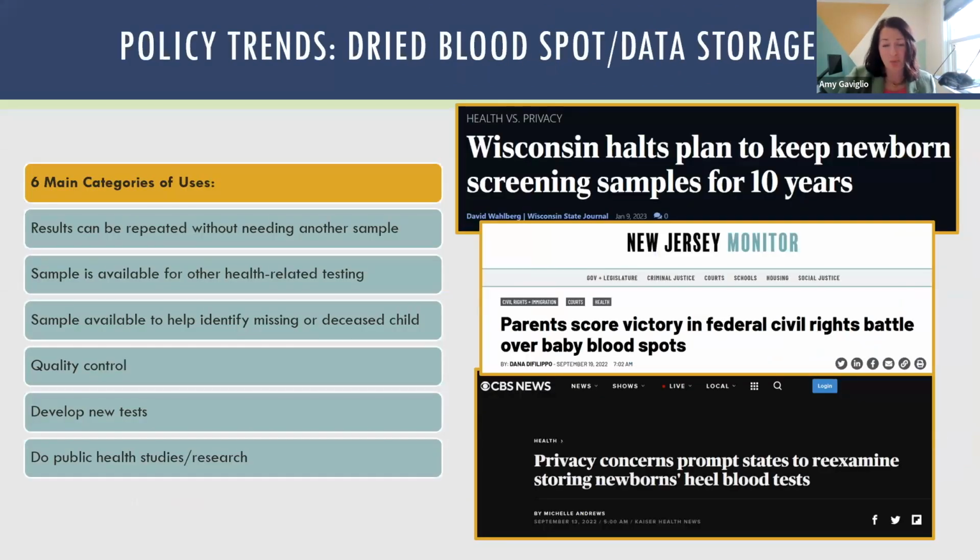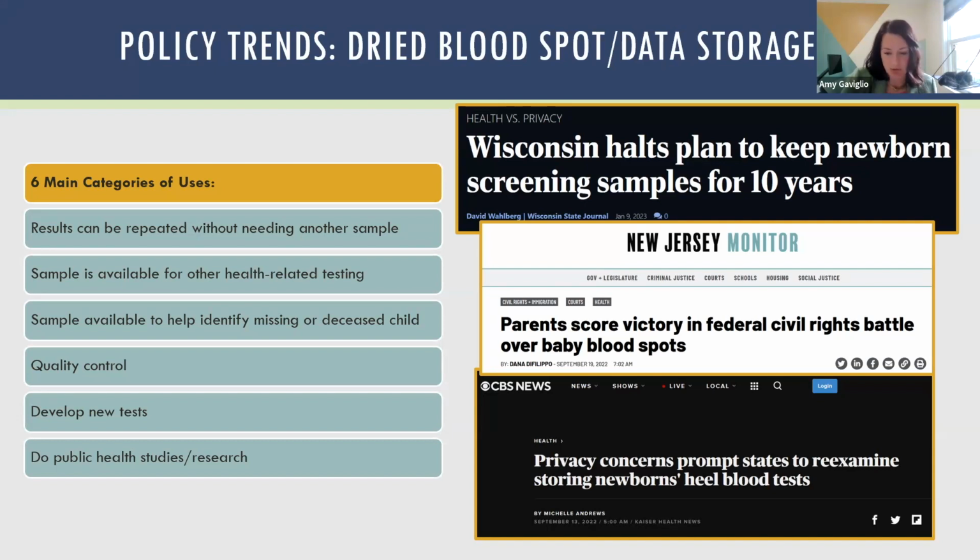So perhaps one of the largest trends we are seeing right now, and I alluded to this a bit earlier on, is the continued discussion surrounding residual dried blood spot and newborn screening data storage and use. So as a very quick brief background for those of you who aren't quite familiar with this component of newborn screening, after newborn screening is completed, there is often a small amount of blood left over on the filter paper, and newborn screening programs store this for varying amounts of time.